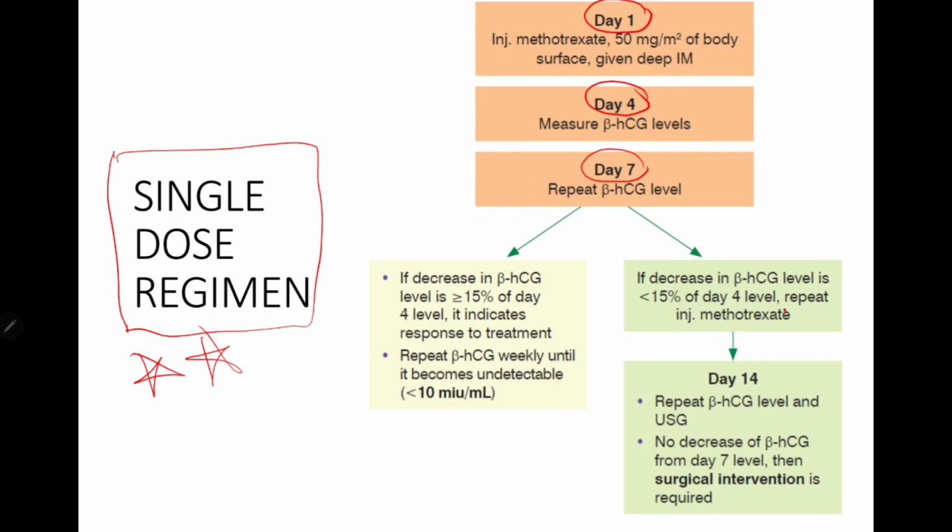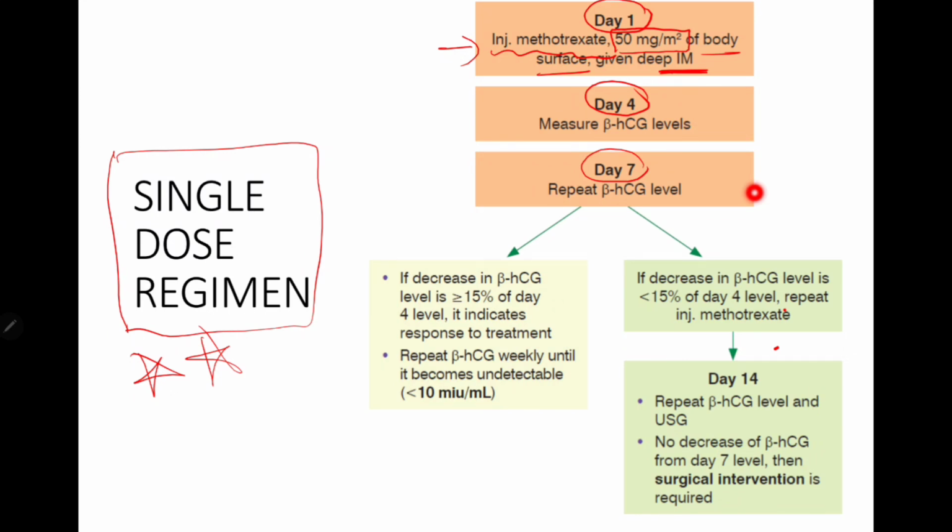So day 1 I will be injecting the methotrexate, okay, in deep intramuscularly. The dose is 50 milligram per meter square of body surface area. Very important. So on day 1 I am injecting methotrexate intramuscularly. What is the dose? 50 milligram per meter square of body surface area.